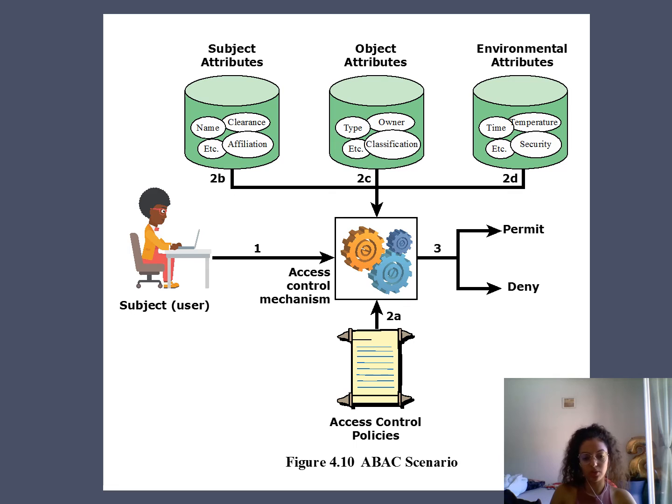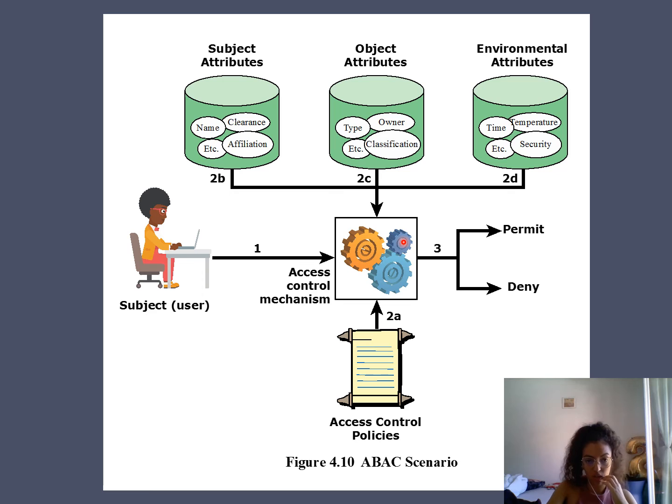In this image, we have a logical architecture, the essential components of an ABAC system. An access by a subject to an object proceeds according to the steps that we're seeing here. First, we have a subject who requests access to an object.